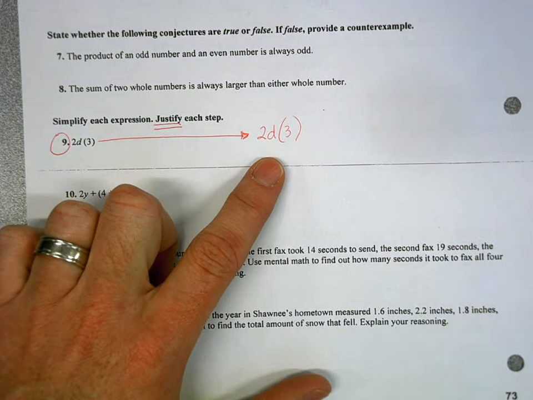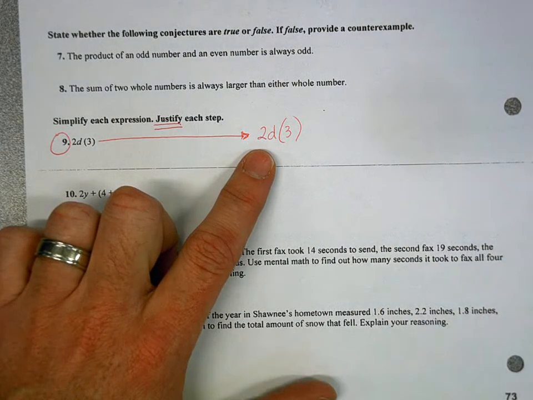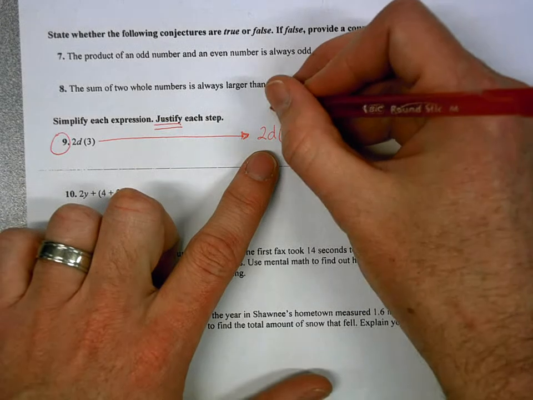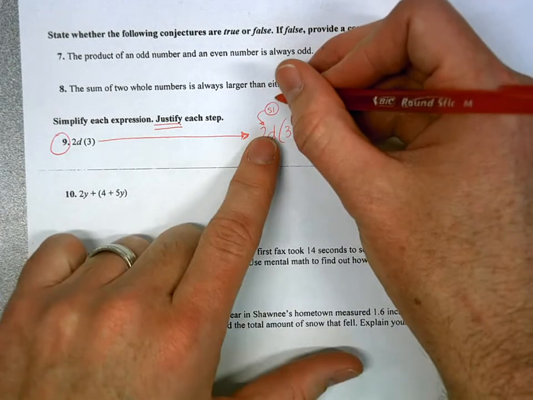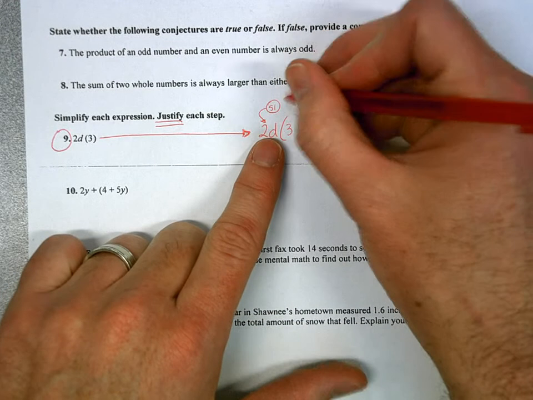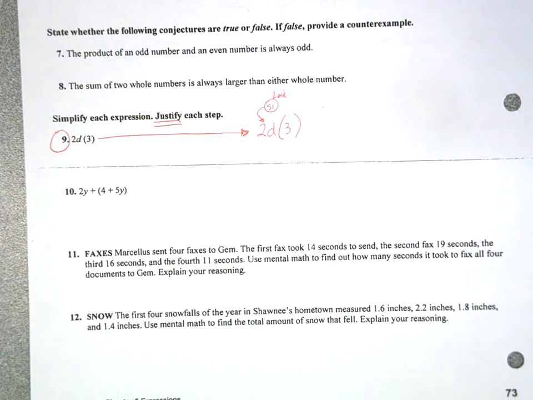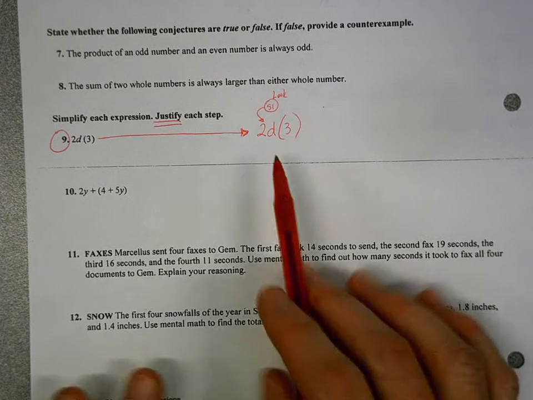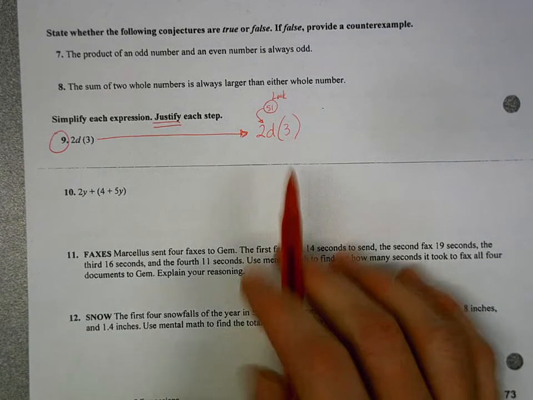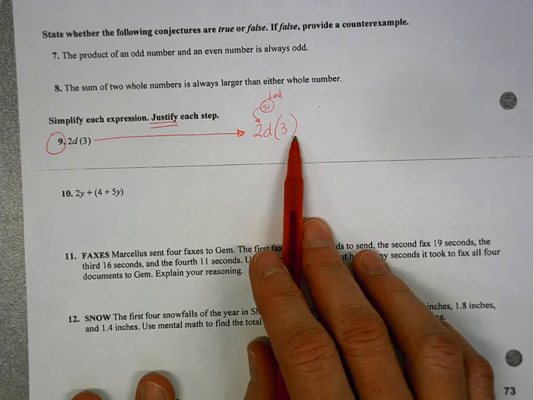When I go to solve this, if we're going to put steps on this, the first step is to really look at this problem, because you need to study it and find out what it is. Some of us still aren't comfortable with parentheses and a lot of other things going on. But in this case, 2 is right next to the d, that's multiplication. D is right next to the 3 with just parentheses separating it, that's multiplication as well.